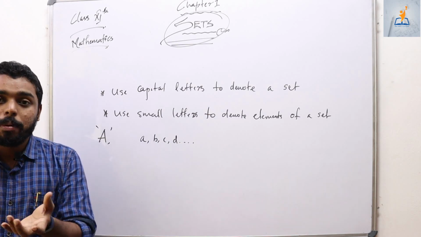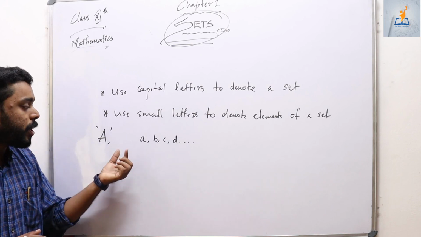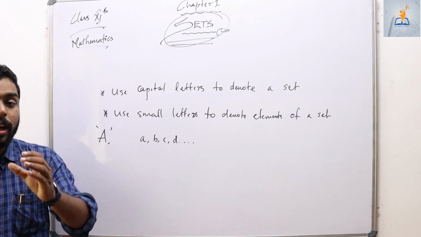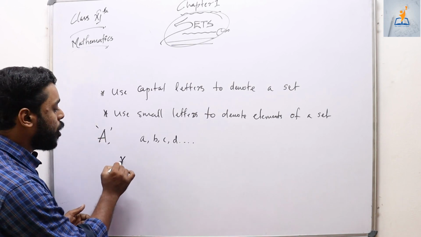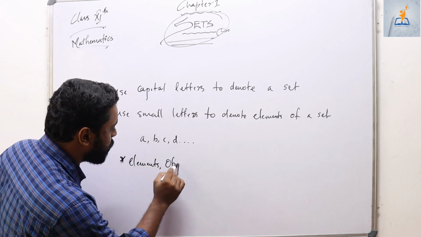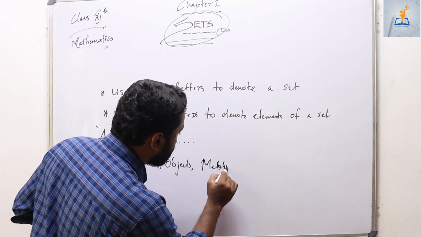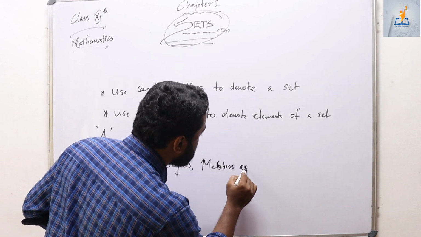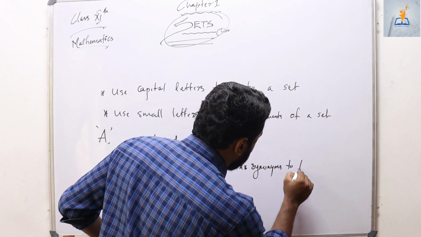So always remember that we use small English letter alphabets to denote the elements in a set, or the objects in a set, or the members in a set. See, we can use elements, objects, or members as synonyms to terms.